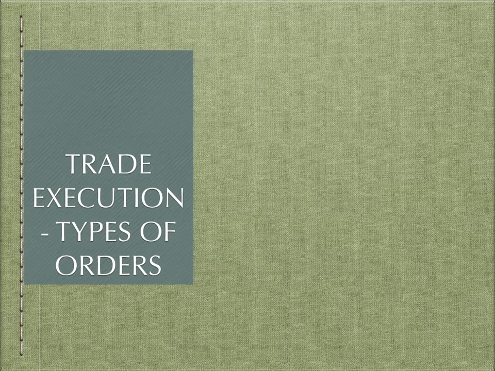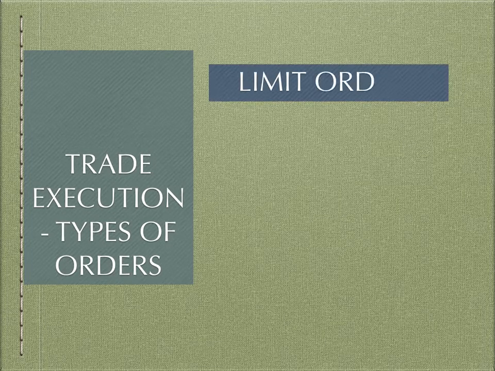The different types of orders that can be executed on a stock exchange primarily are buy orders or sell orders. The buy orders or sell orders can come with a price limit. That means a price is mentioned on the order. So what else does the order contain? The order contains what you want to buy, how much you want to buy.